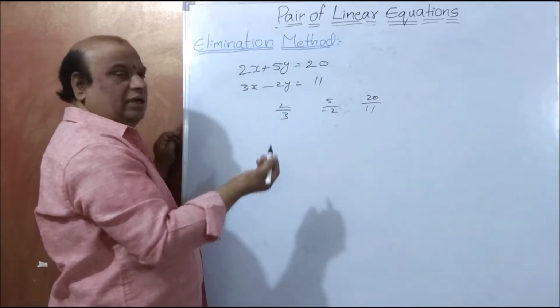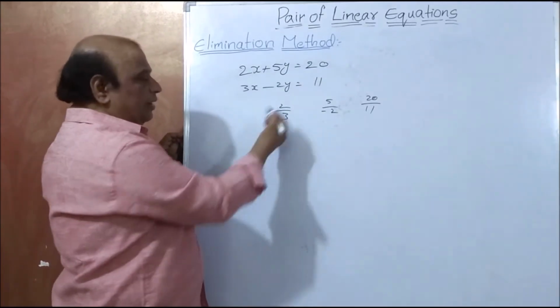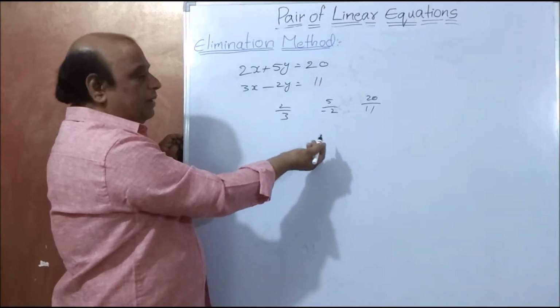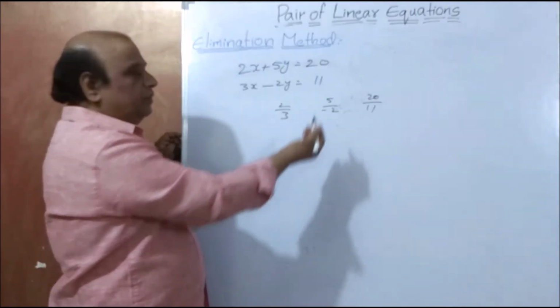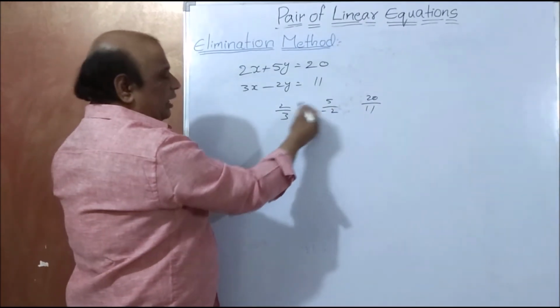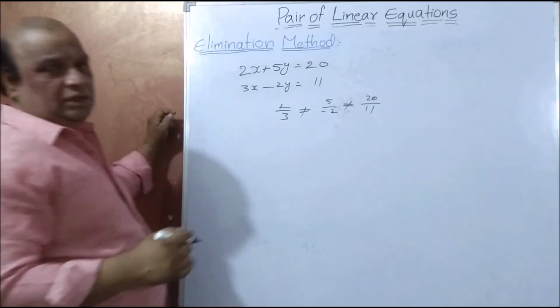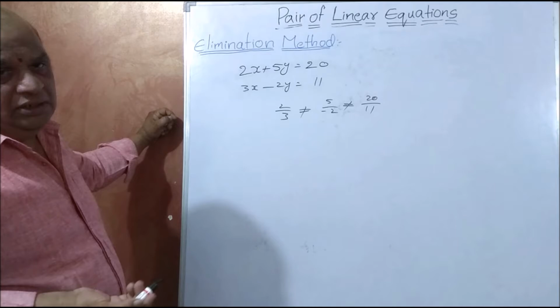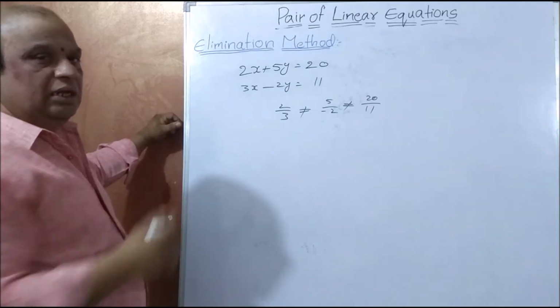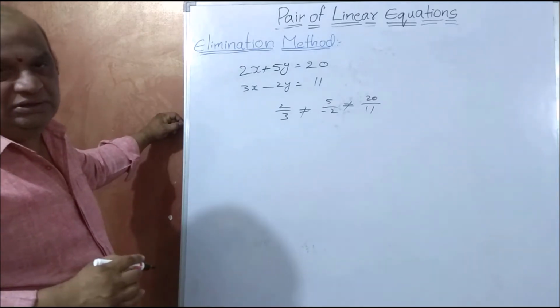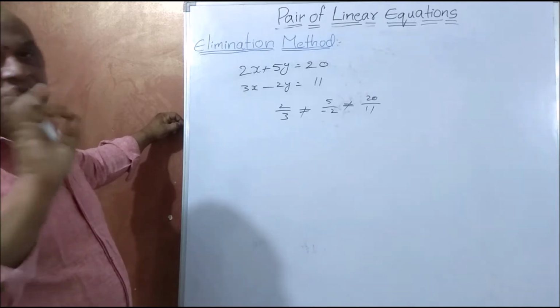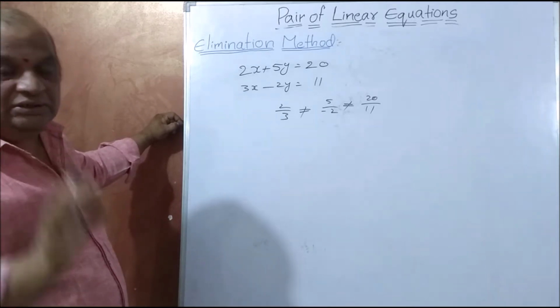So exactly these are not equal. 2 by 3 not equal to 5 by minus 2, or minus 5 by 2, not equal to 20 by 11. So these are not equal. By observation we can say these are consistent equations. So solution is exist.